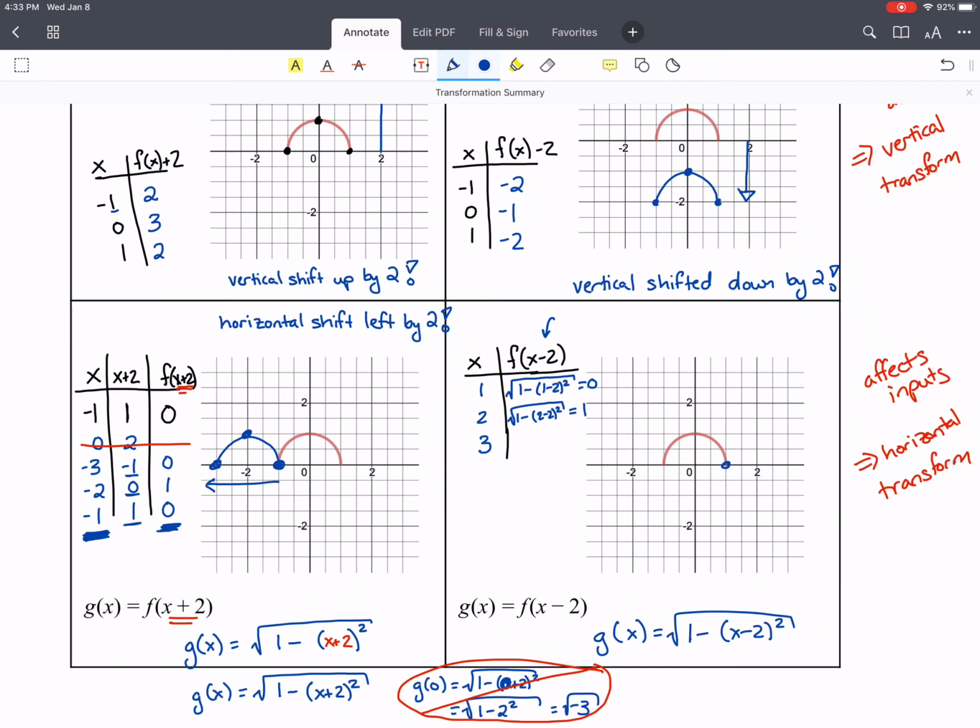The square root of 1 is 1, so I still get 1. When I plug in 3, I get the square root of 1 minus 3 minus 2 squared, which is 1 minus 1 squared, so I get 0 again. And you can see that all of my outputs have shifted to the right by 2.